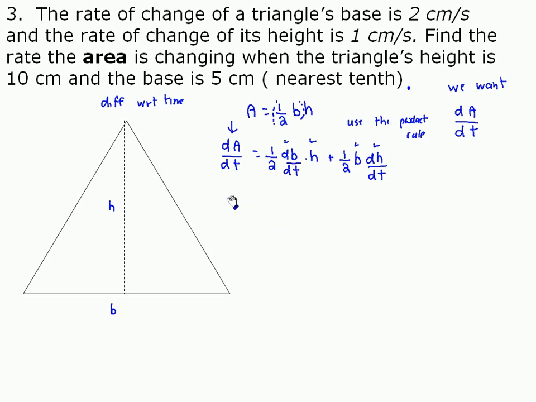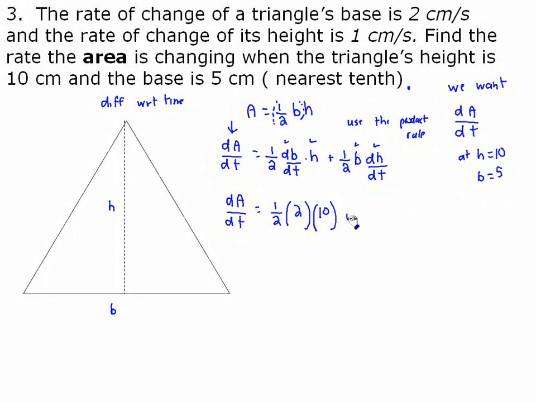We simply plug everything in. So for this question, it's not going to involve any manipulation at all. It'll just be 1/2 times dB/dt. So dB/dt, the rate of change of the base, is 2. H is 10. So at H equal to 10, I'll even write that down, at H equal 10, and B is equal to 5.